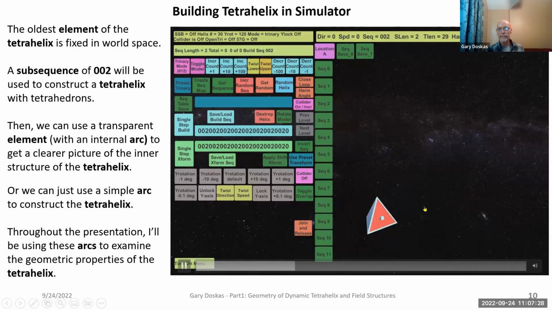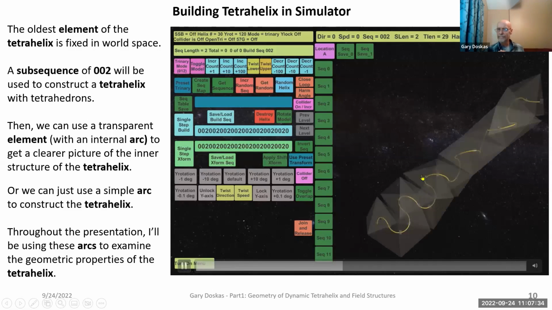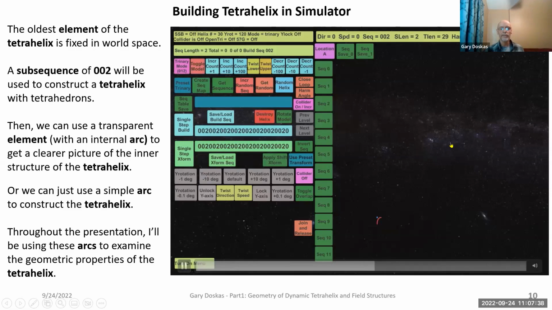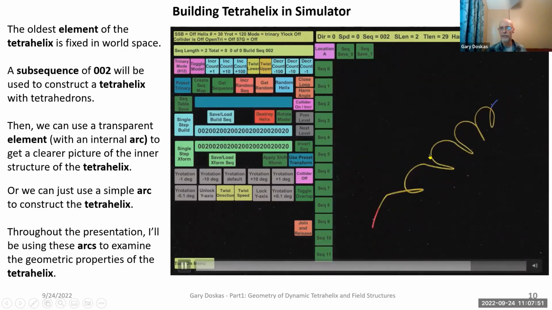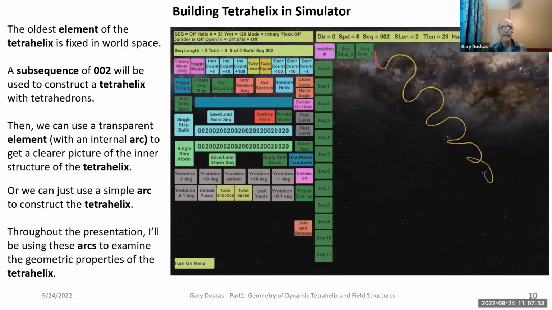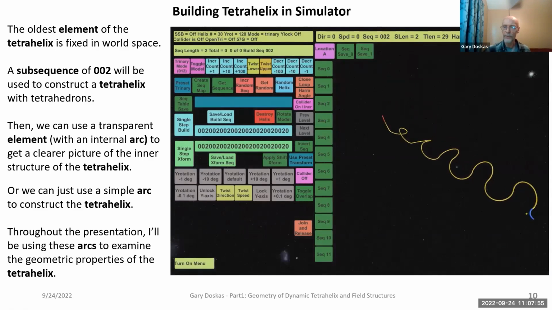Then if I replace this element with a transparent version of it with an internal arc, it reveals internal structure a bit more clearly now that you can see the twists involved. Or you can just use a simple arc, and that can actually reduce some clutter to see a bit more of the architecture or the structure inside the tetrahelix. I'll be using these arcs to describe the different subsequences I'll be playing around with.